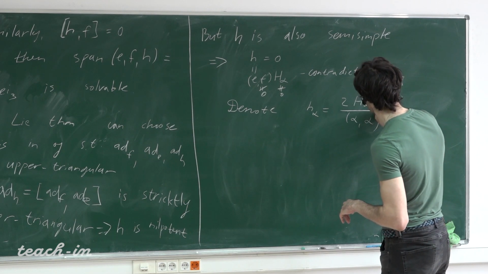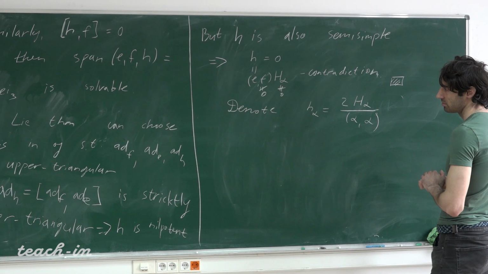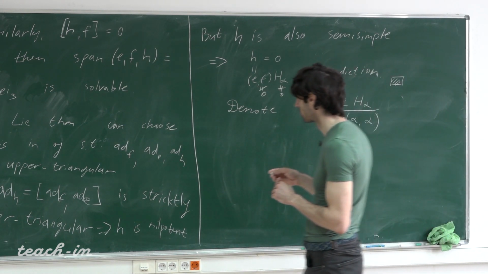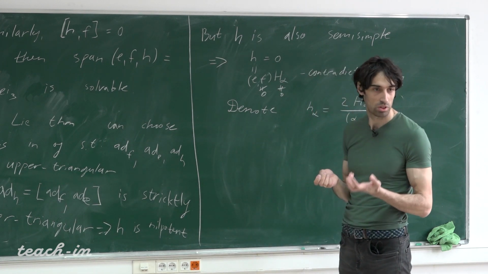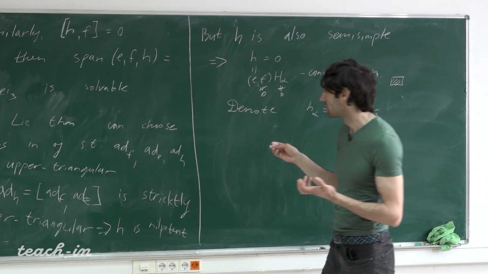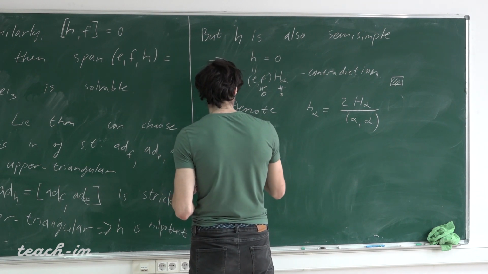Okay. Then we now have SL2 triples. Why? Because of the following proposition.